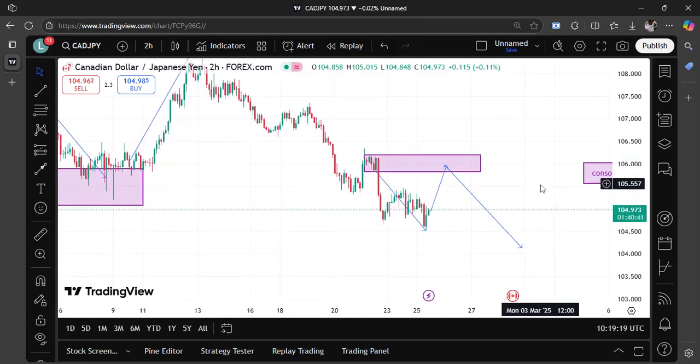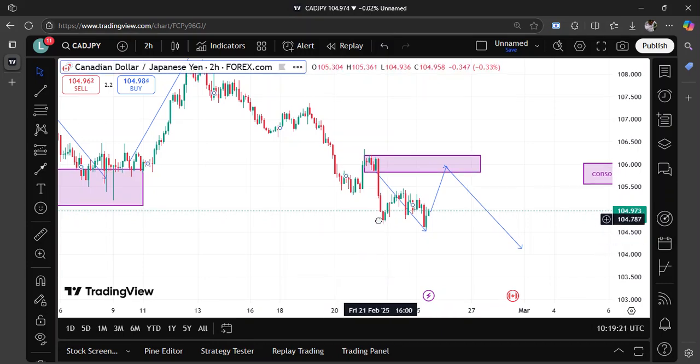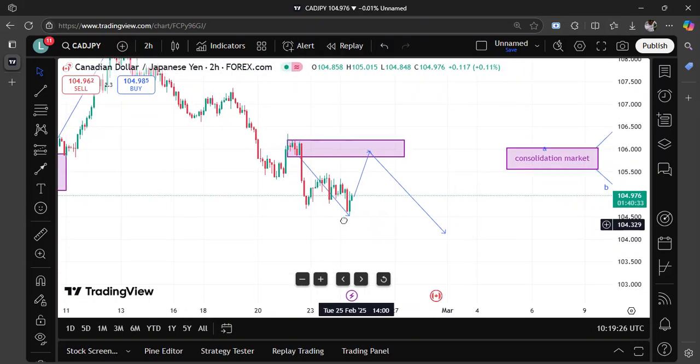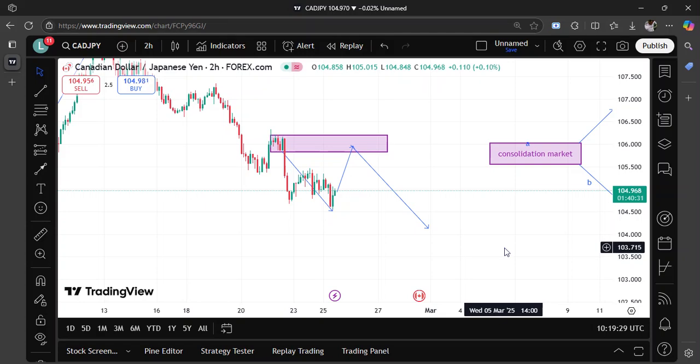So stay tuned for me to share more insightful strategies on how to navigate the forex market and trade like a professional. Remember, consolidation markets are used as areas of support and resistance, and you can see opportunities when they expand downwards or upwards, and also use that in terms of the trend.